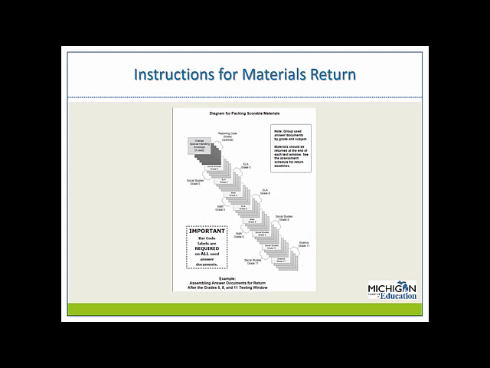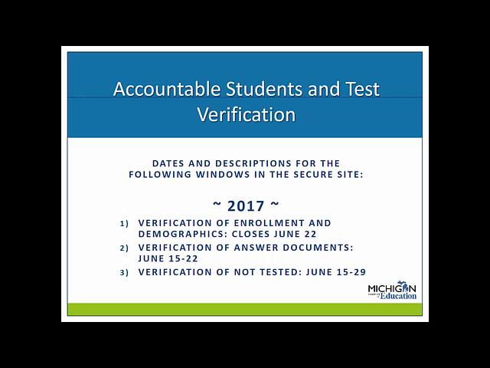The remainder of materials must be packed in grade level order, with the science and social studies tests placed on top when applicable, followed by ELA and then math. Be sure to refer to the Test Administration Manual instructions on pages 81 to 87 to ensure correct packing of materials.